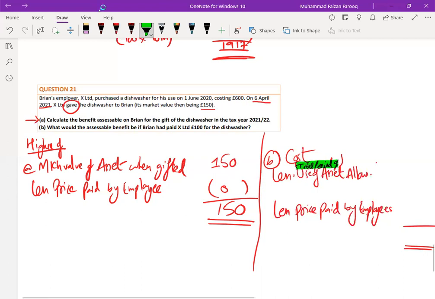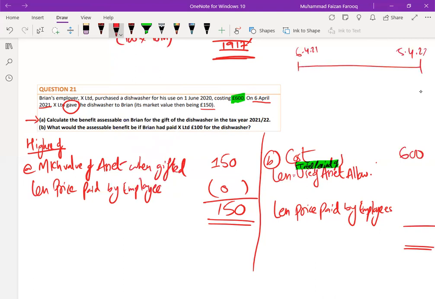Very easy. First of all, the cost, the original cost, which is given. How much? It is 600, right? I'm going to write cost 600. Now, just a timeline. 6th April 21, 5th April 22. This is my tax year. This is the date of gift.